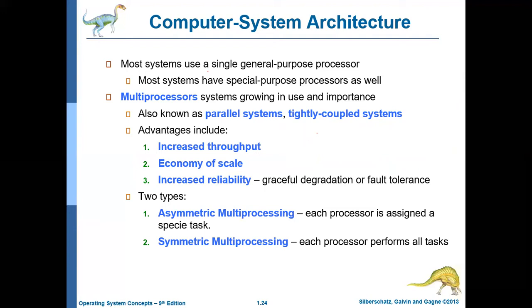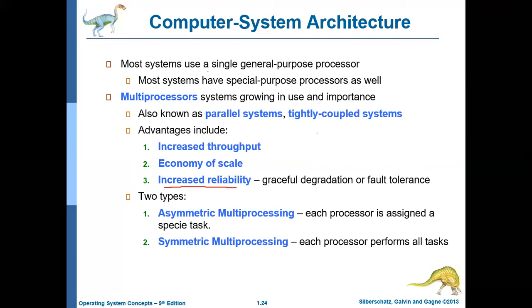For completing the work it may take more time. That is, the performance may degrade to a certain extent, by 10 or 15 percent depending on the amount of hardware failure that occurred. So in spite of the hardware failure, the system will continue to perform its functions. This concept is called increased reliability.